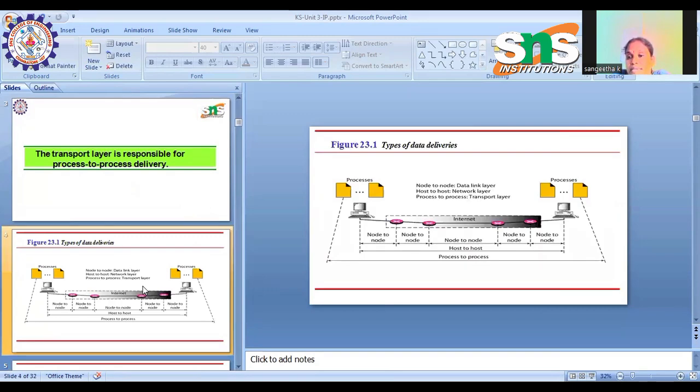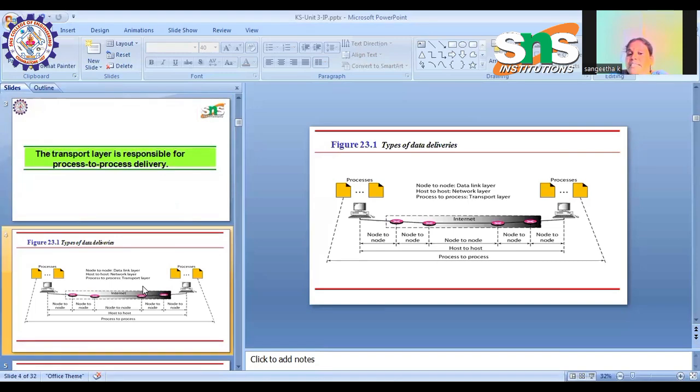Several processes are running in one machine, and in another machine also several processes are running simultaneously. Here the node to node delivery is processed by the data link layer, host to host delivery by the network layer, and process to process delivery by the application layer, sorry, the transport layer.